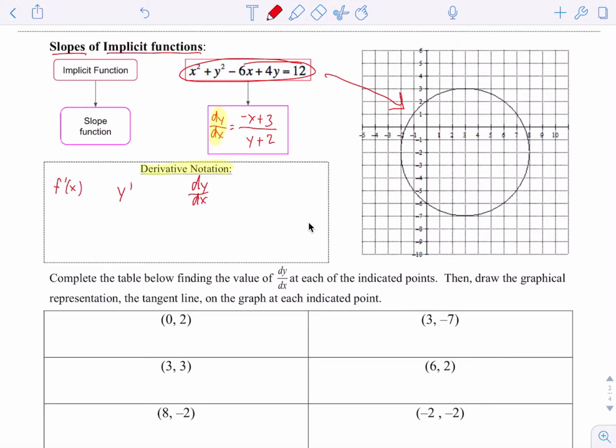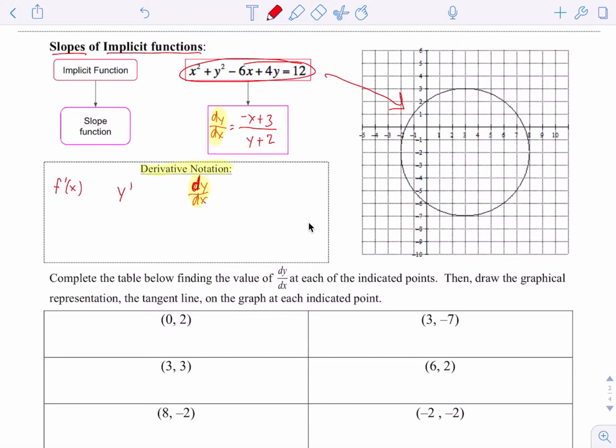Now, calculus was created or invented by a couple people, and so depending on who invented calculus, they wrote the derivative functions a little bit differently. So let me talk about this dy dx real quick. The d here basically means a very small change. So what dy dx is really saying is a very small change in y over a very small change in x, right?